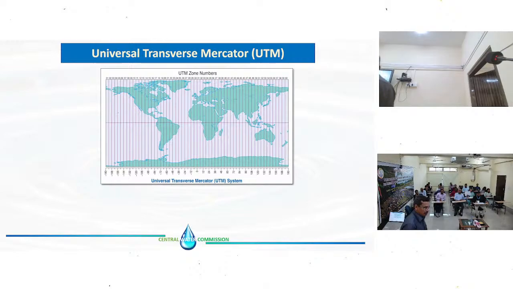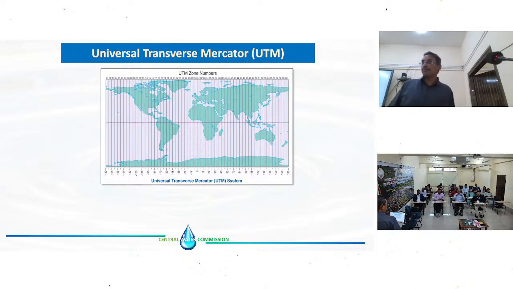But when we are making use of this global coordinate system, we are dealing with degrees. We are dealing with latitude and longitude represented in degrees, minutes, seconds, which will not be convenient for measurement of distances or measurement of areas.